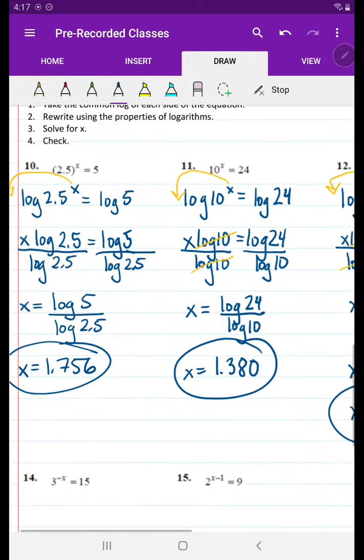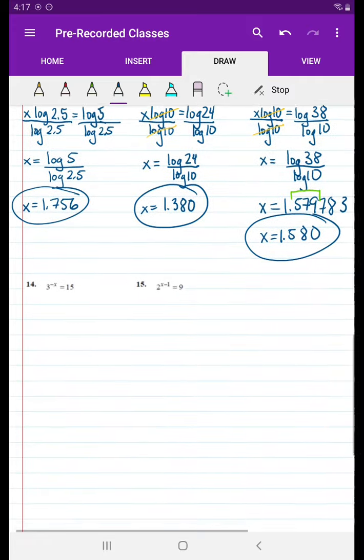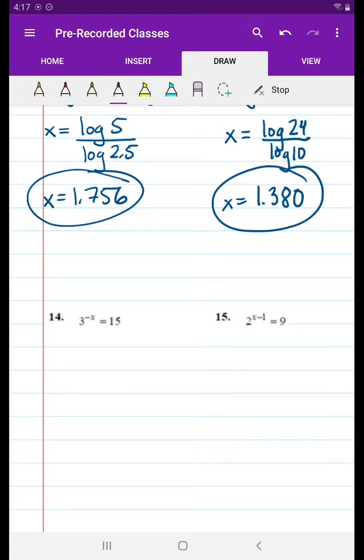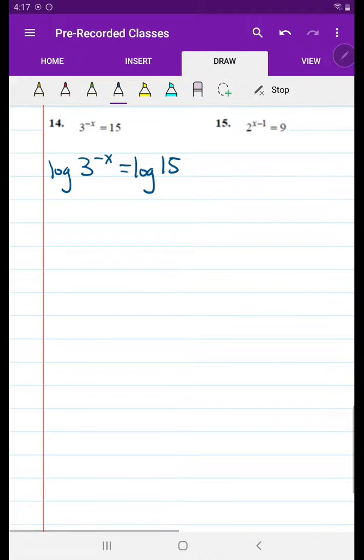All right, so these next two, we can do the same thing. So we'll take the log of both sides. So I'll have log 3^(-x) is log 15, right? And I can take this negative x and throw that in the front.